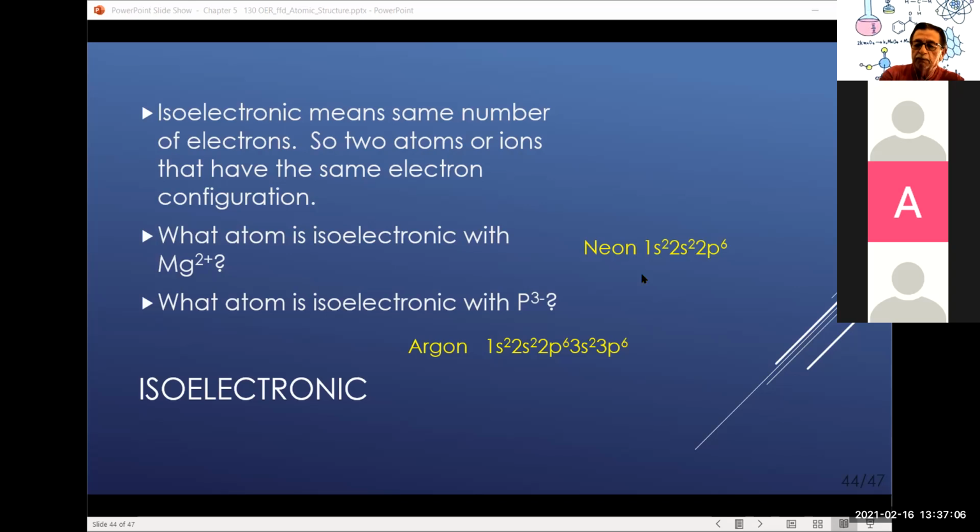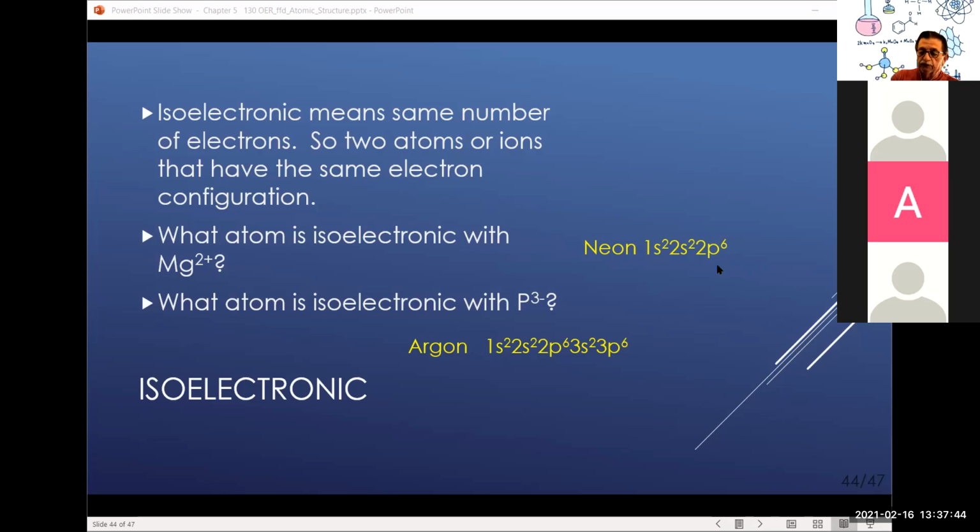The nonmetals, when they become anions, are isoelectronic with the noble gas in front of it. Fluorine, the element, when it becomes fluoride, the anion, picks up 1 electron and is isoelectronic with neon. Bromine becomes bromide, and is now isoelectronic with krypton, Kr, the noble gas in front of it.